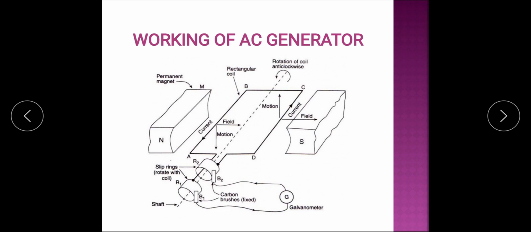The rule states: stretch the thumb, forefinger and middle finger of your right hand such that they are mutually perpendicular. If your thumb points in the direction of motion and your forefinger points in the direction of magnetic field, then your middle finger will give you the direction of induced current.